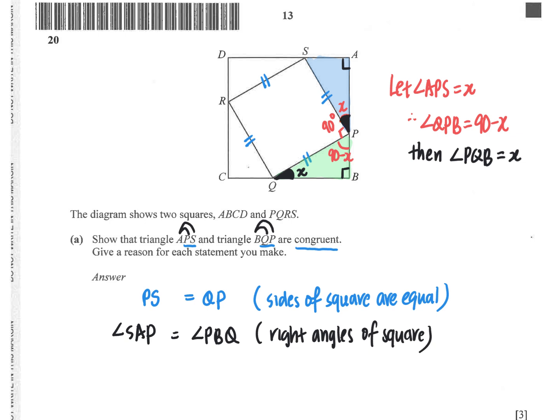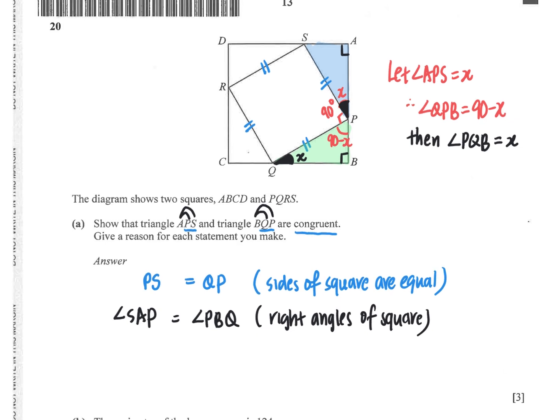So I already know these two are X now, so I'll write that down. Angle PQB. So follow the order, PQB. So SPA. They are both X. So you can write shown above.